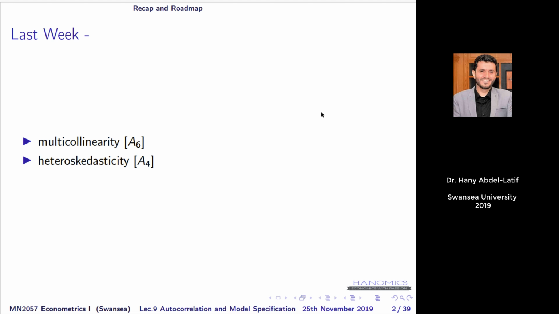But what if this is not the case? This is usually not the case with econometric models that are based on cross-section data. So we don't expect the errors to be homoscedastic, they are likely to be heteroscedastic. But we also learned how to detect that and how to deal with it if that was the case.